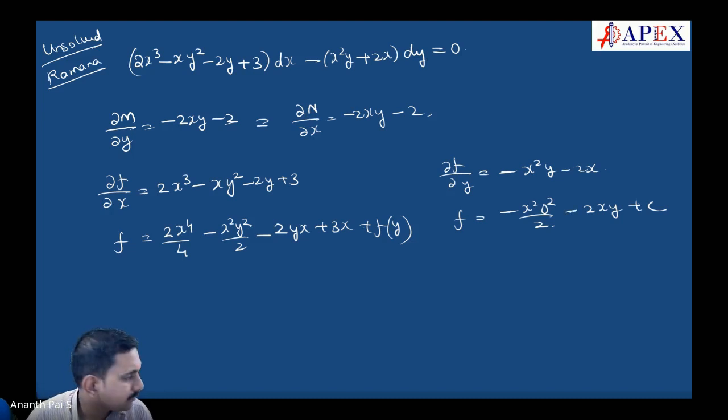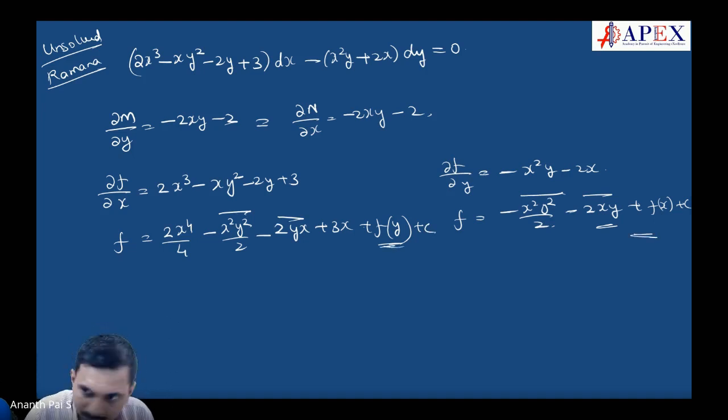So minus 2xy here and minus 2xy is common. Here, plus a function of x. Is there a function of y over here? Not there. Is there only a function of x? Of course there is. This and this are functions of x.